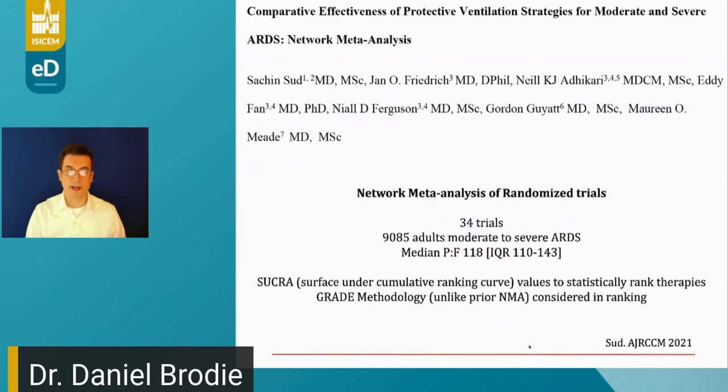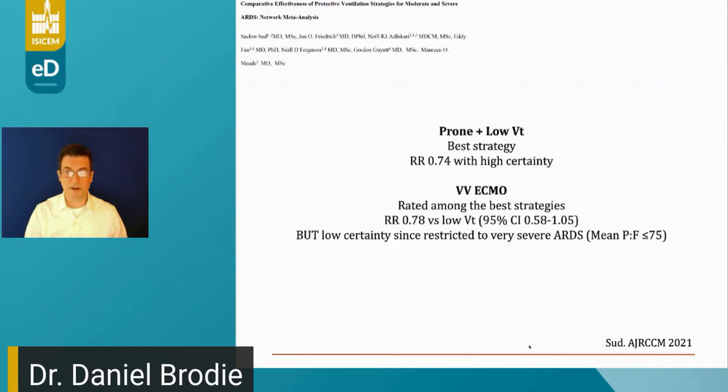This is a very recent study that just came out in the Blue Journal by Sachin Sood and colleagues. This is an update of an earlier network meta-analysis by Eddie Fan's group, looking at 34 trials with 9,000 adults with moderate to severe ARDS and looking at different treatments in network meta-analysis for ARDS. The median P/F was 118. They used SUCRA values for statistically ranking therapies, and they also used in this study GRADE methodology to be considered in the ranking.